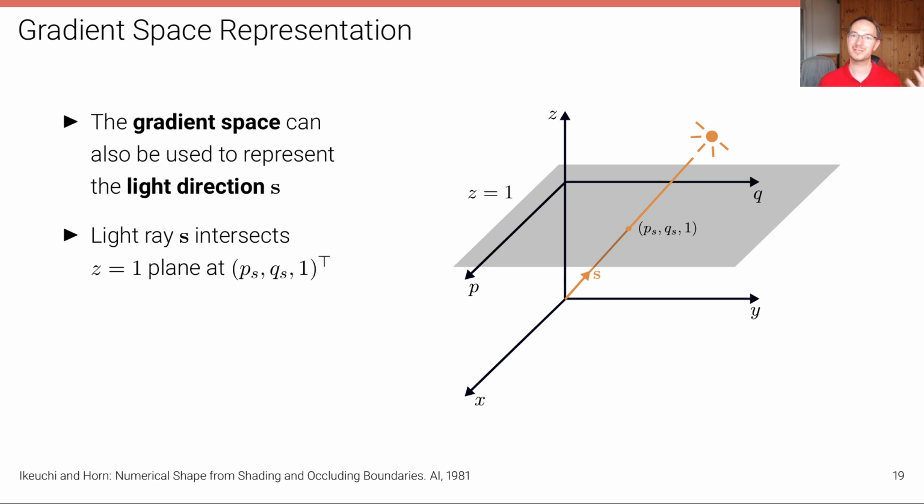So the gradient space can also be used to represent the light source in a similar manner by considering the normalized unit vector that goes in the direction of the light source, which we call S, and we extend that and intersect it with the PQ plane. This gives us what we call PS, QS, 1. To distinguish it from the normal, we have added an index S here to indicate that this is the vector that corresponds to the light source.